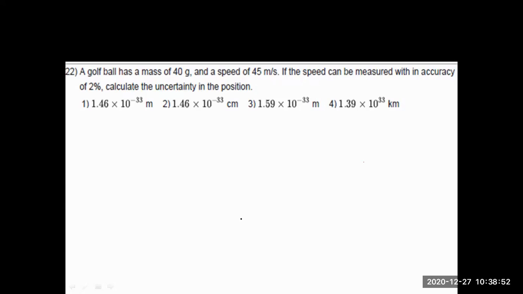The equation is delta x into delta p is equal or greater than h by 4 pi. Now, can anybody work out and let me know the answer? Speed can be measured within an accuracy, delta v is 2%. You can take 1 minute time and let me know the answer.